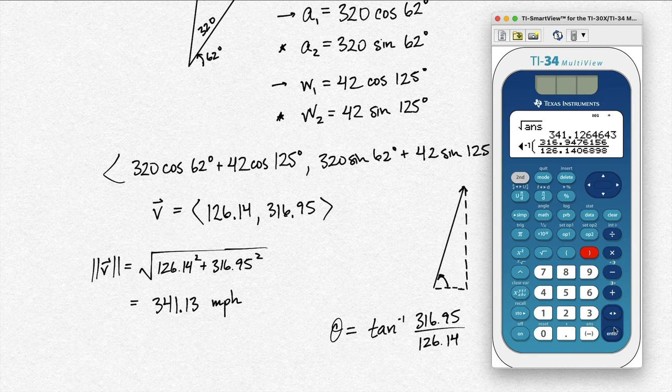All right, and then hit enter, and that gives us our acute angle. I'll round that to 68.3.